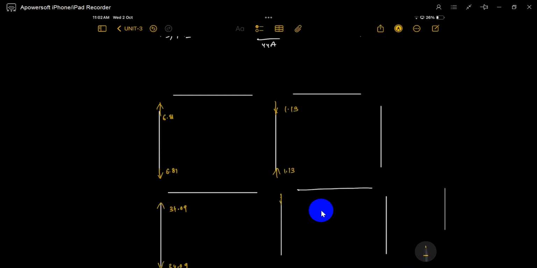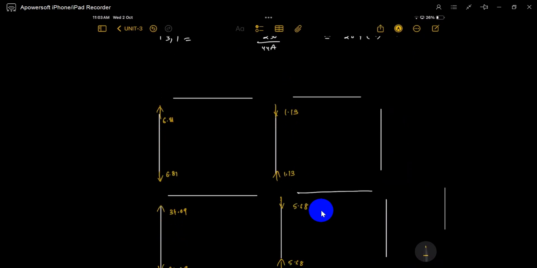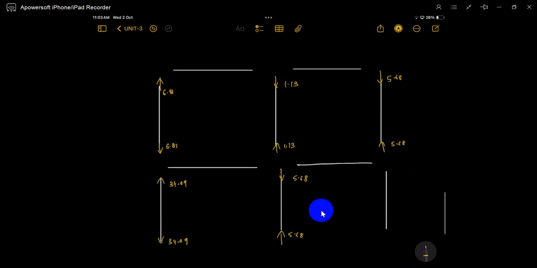It's also a compression. 5.68, here compression. 5.68, here compression, 28.4. These things we already calculated. So now impose them on the free body diagram. The remaining forces we calculate based on these and on the equilibrium equations.